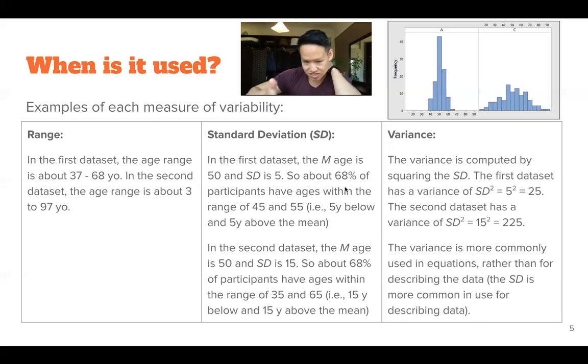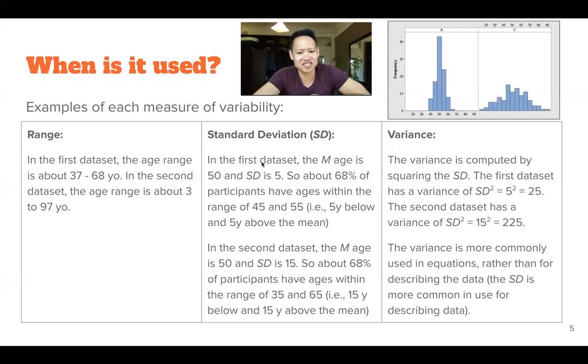If it's within one standard deviation, then 68% of the participants are within that range. All right, the second data set looks like 68% of the sample falls within 15 years of age from the mean of 50. So about 68% of the sample falls between the ages of 35 to 65, so around here.